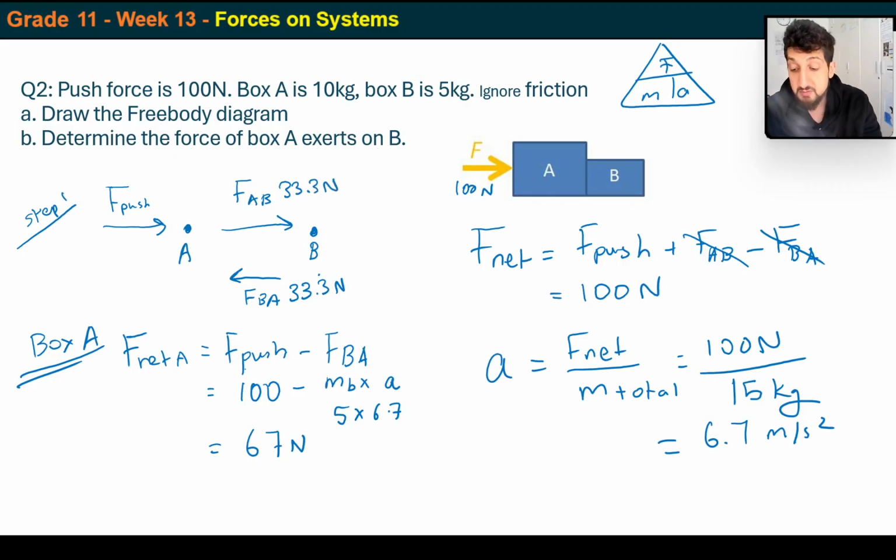Because remember, it's the mass multiplied by the acceleration, so I've just worked that out. And I've also worked out the net force on box A. The net force on box A is equal to the push minus this force here. So that's it. What they were asking for was this thing here, which we've worked out.